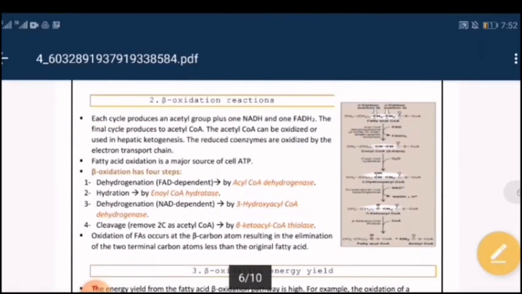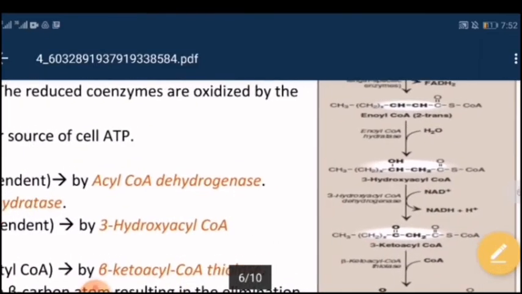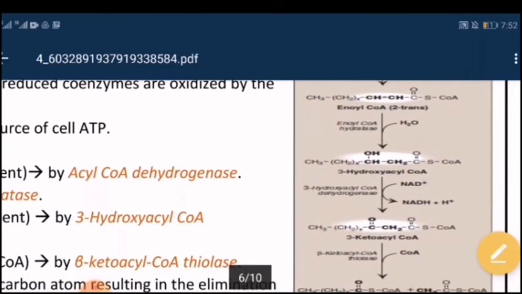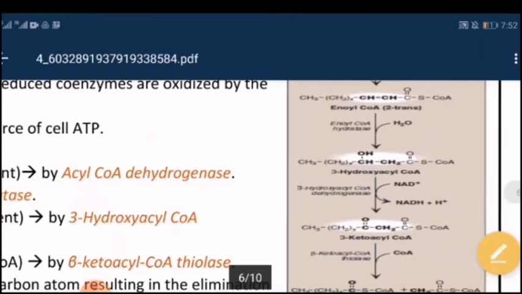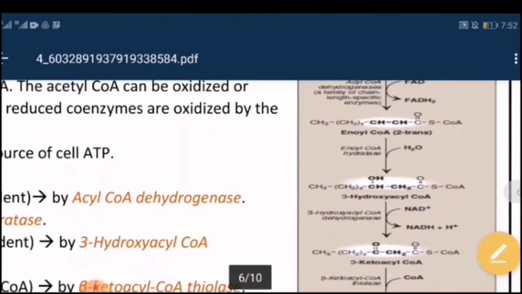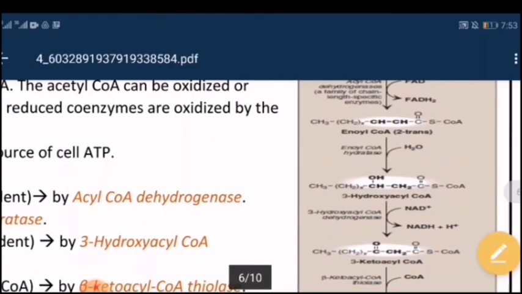After all these, look here, we turned the FAD into FADH2. For the second dehydrogenation or oxidation reaction, we turned the NAD into NADH plus H. So this NADH and FADH2 will be used inside the electron transport chain to get ATP.